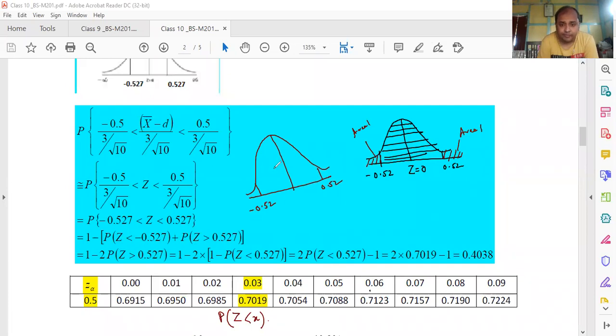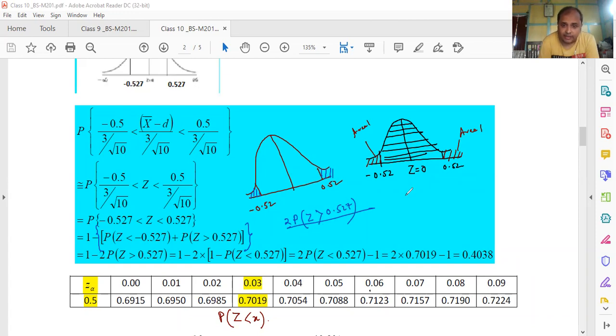Now you see, since this is a normal curve, the area of this portion and the area of that portion are actually equal. So this can be written as twice the probability of z greater than 0.527. Why? Because this tail and that tail are the same.